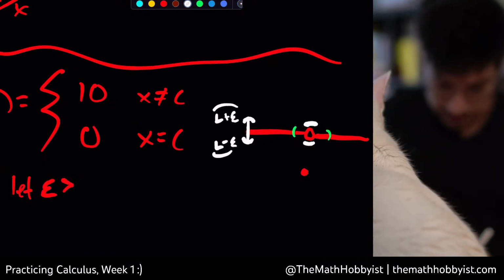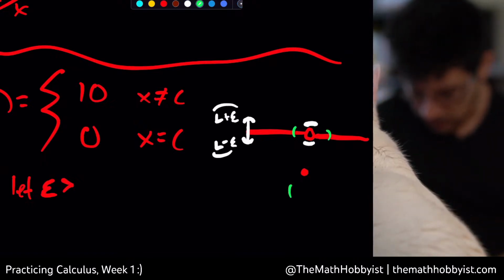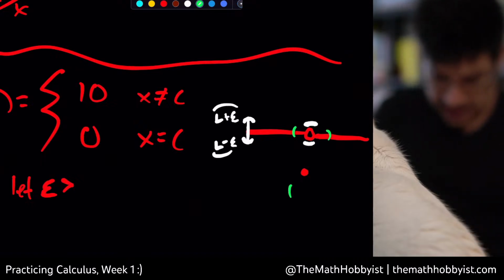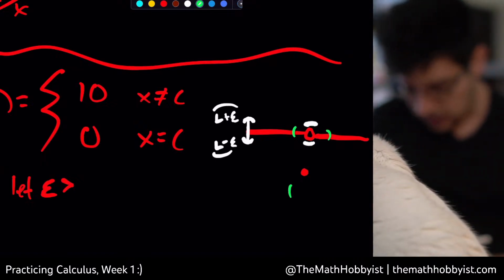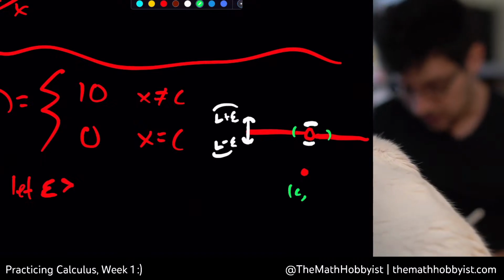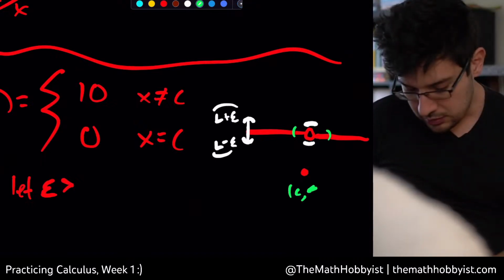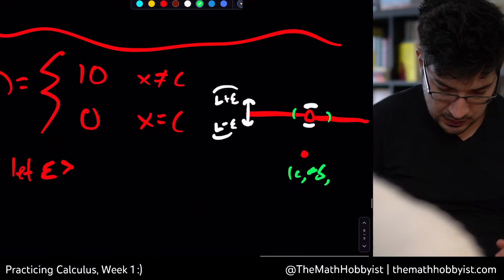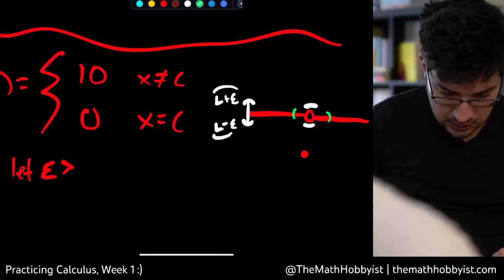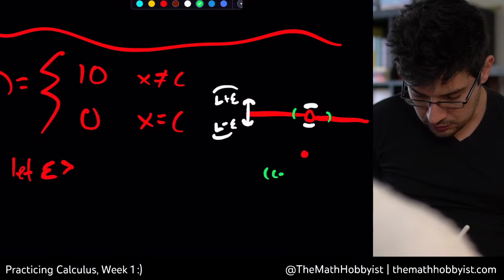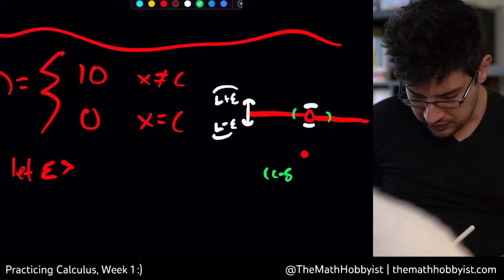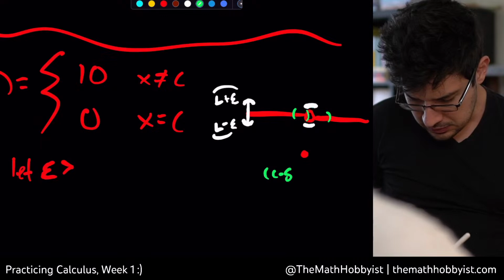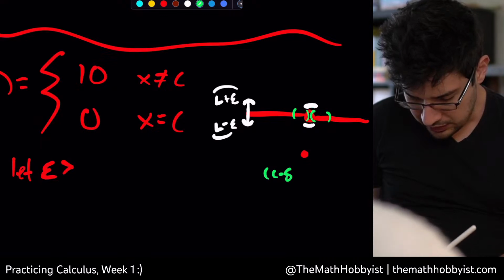And what we want to do is find any neighborhood, left and right, of the point C. So C minus delta union C plus delta.